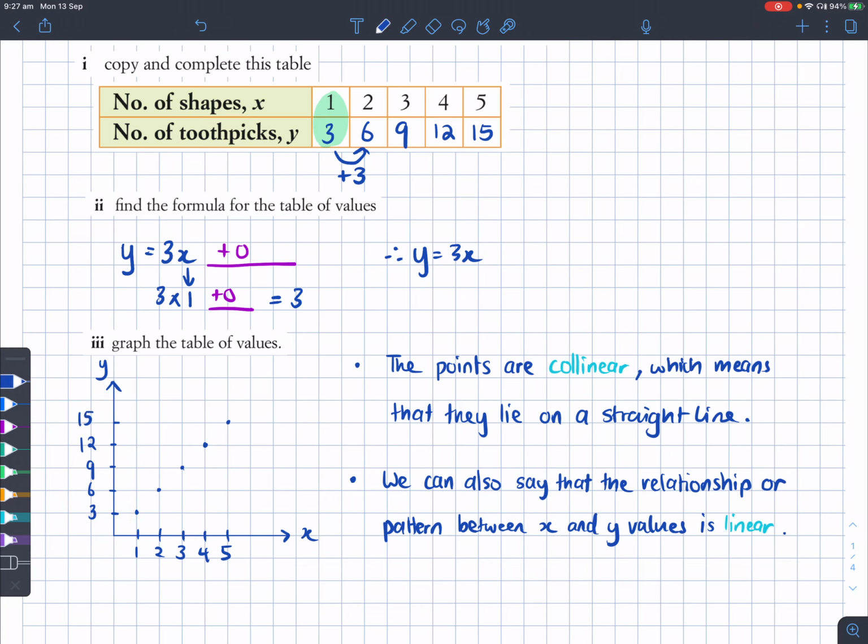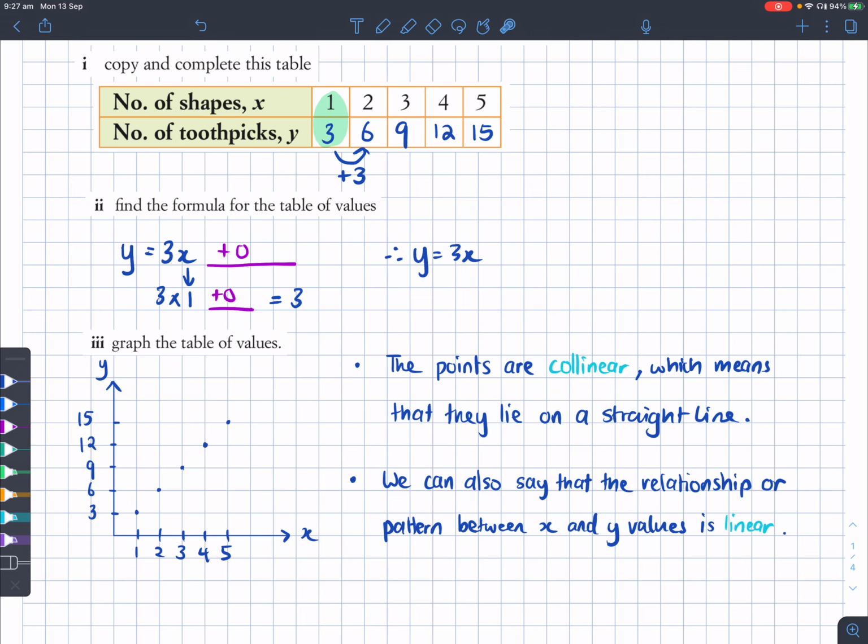Now, when I have a look at these points here, they do give me a straight line if I was to join them all up. So if I drew a line here, what that means is these points all lie on that line that I drew. So the points in this case are called collinear, which means that they all lie on that same straight line.